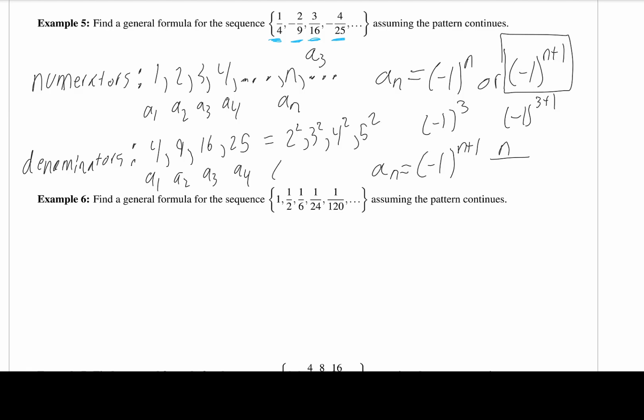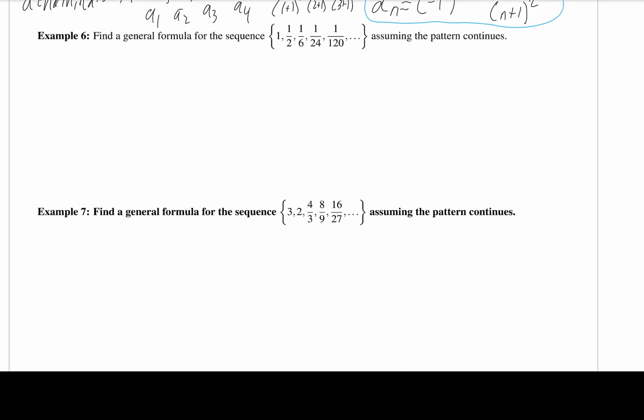And so this looks like 1 plus 1 squared, 2 plus 1 squared, 3 plus 1 squared, and so on. So our bottom is going to be n plus 1 squared. And so then this will give us our formula for the given sequence.